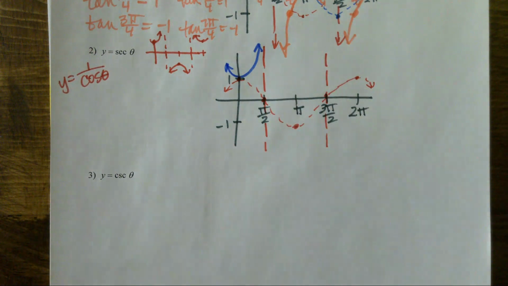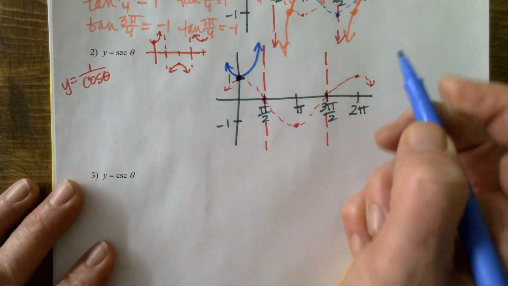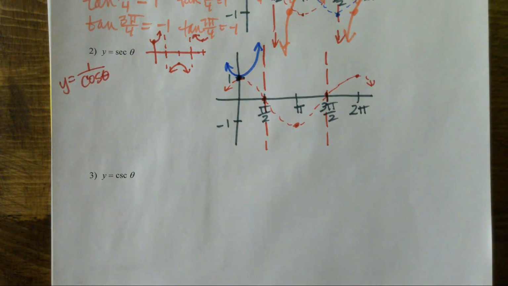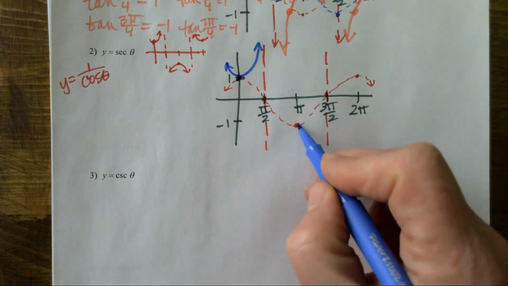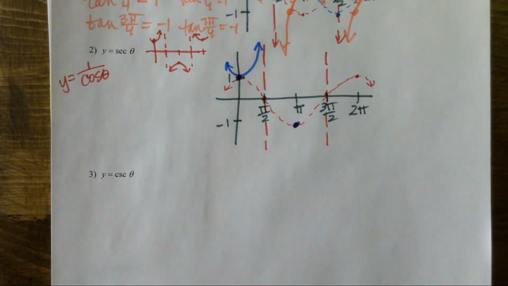But they do share this point at 1, and that's because when I flip 1, I get 1, right? The reciprocal of 1 is 1, so when the cosine is 1, so is the secant. So they share that 1 point, and that's why the little ghost graph is very helpful. They have that point in common. In between the second and the third, they also have another point in common because the reciprocal of -1 is -1.